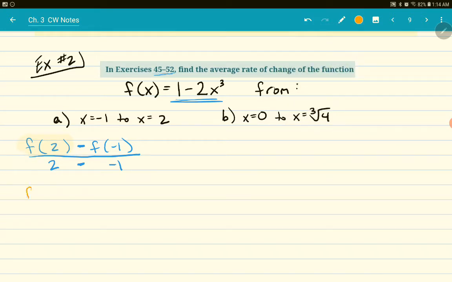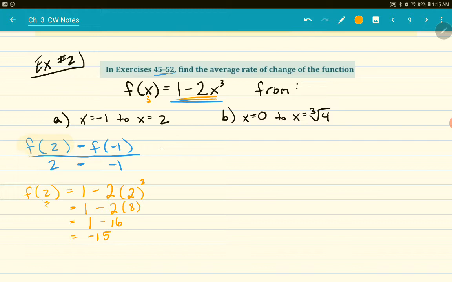So f of 2 equals, remember our function is right here, it's the 1 minus 2x cubed, and instead of x I'm doing the parentheses because instead of x I'm going to write whatever's here. I'm going to plug in a 2 for my input, and then I get 1 minus 2 times 2 cubed. 2 cubed is 8, which gives me 1 minus 16, which gives me a -15.